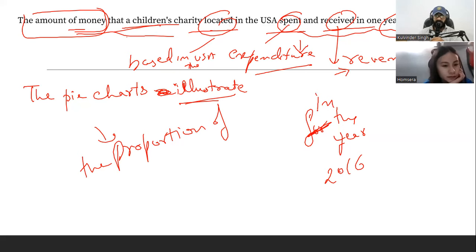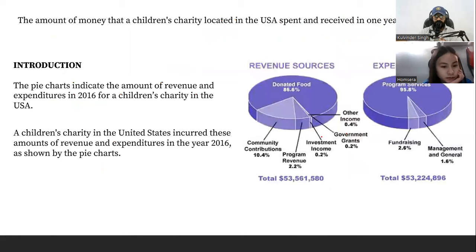Now, let's see one more paraphrasing done here. It says the amount of money that a children's charity. The pie charts indicate the amount of revenue and expenditures in 2016 for a children's charity in the USA.